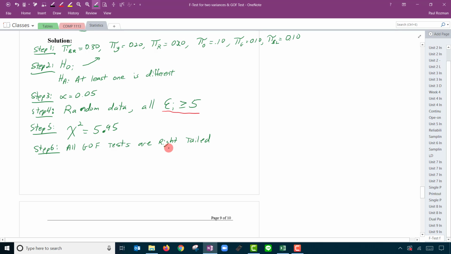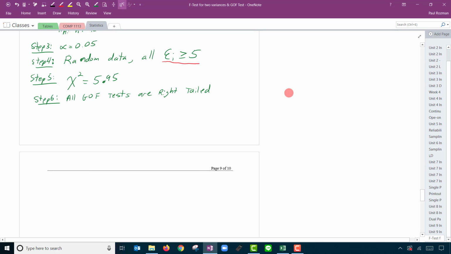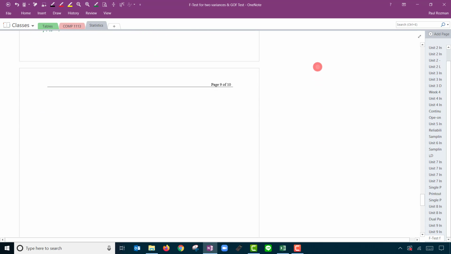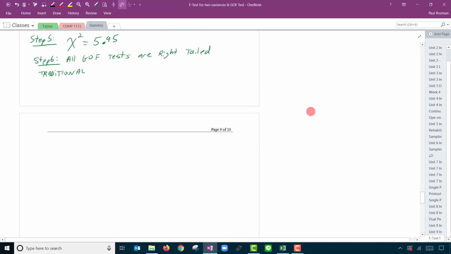Let's pick a method here. Maybe do the traditional method. Looks like I have a whole blank page here. If I'm doing this the traditional way, I'll just draw some sort of skewed curve.